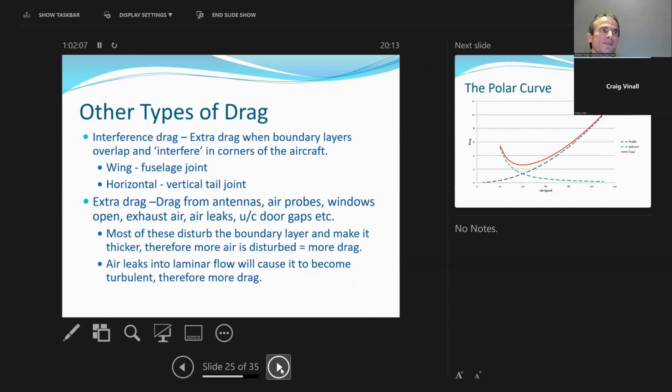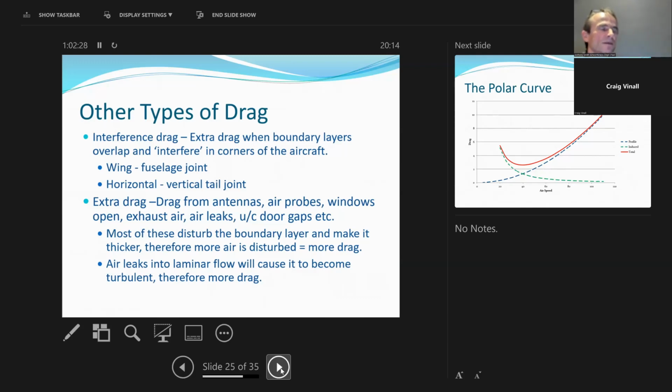You see a lot of people trying to move the yaw string further back on the canopy to delay the point at which it trips the airflow. Air leaks around the front edge of the canopy do the same thing. So sealing the front half of the canopy really well helps a lot in maintaining laminar flow over that first half of the fuselage.